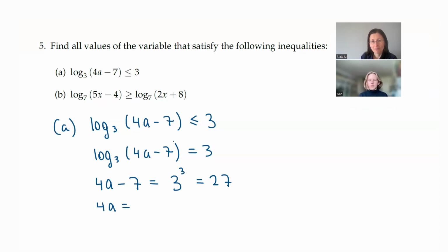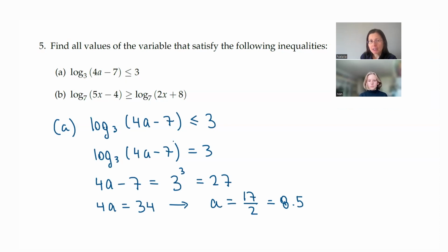So we add 7 to both sides. Now we have 34. So 4a equals 34, and now we divide both sides by 4 and reduce. Well, 8.5. We can do that, or we can also have it as 17 over 2, which is 8.5.